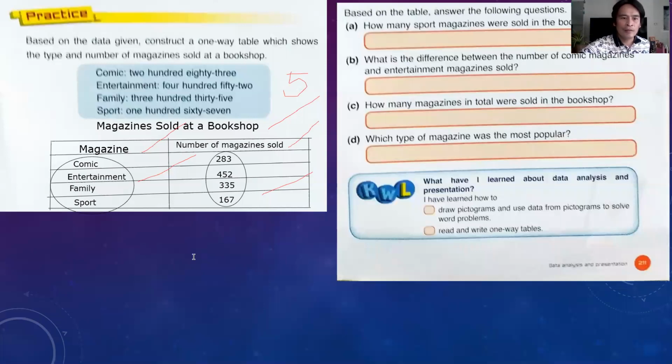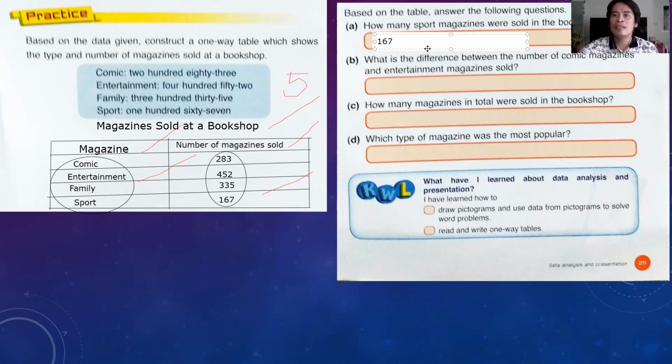How many sports magazines were sold in the bookshop? 167. Okay, so if your answer is 167, that's a short answer. But because it's a long blank, it should be a sentence.